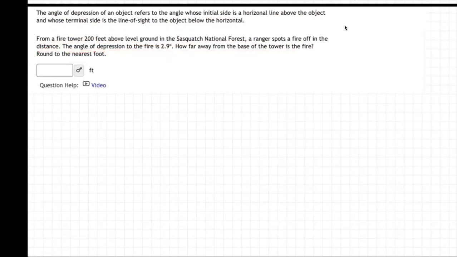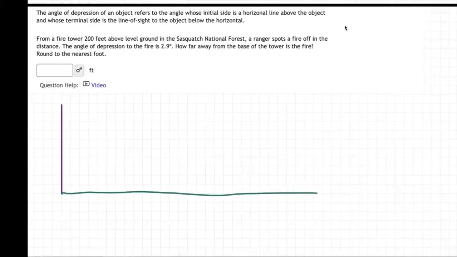Okay, so let's try to draw what they're talking about. So we have this tower. Here's the ground. Make the ground green. So this is the ground. This is the tower.